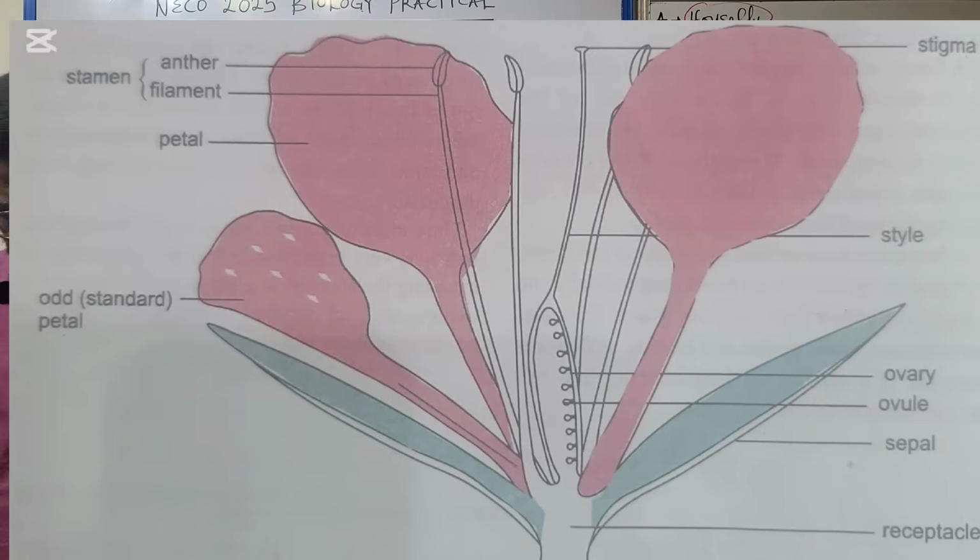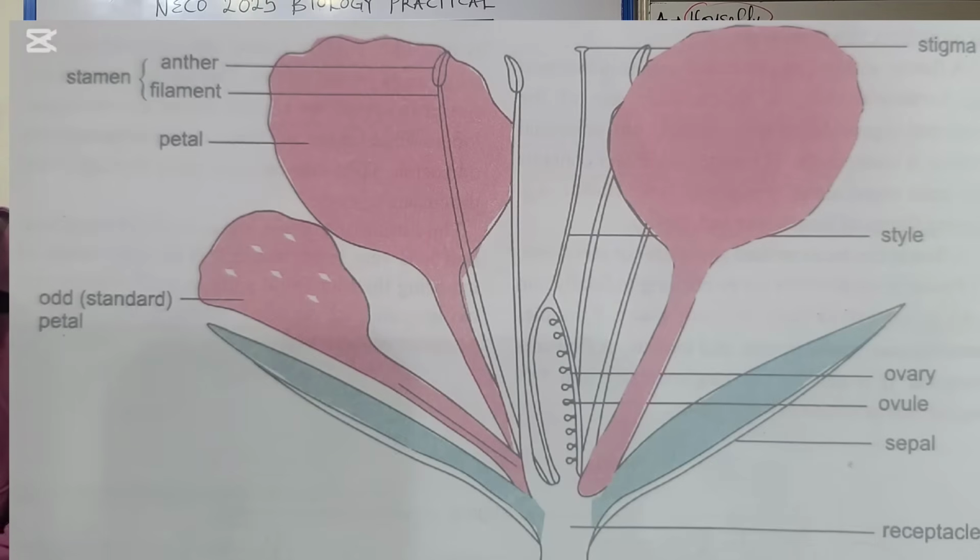The odd or special petal usually comes immediately after the green sepal. The sepal protects the delicate structure of the flower.